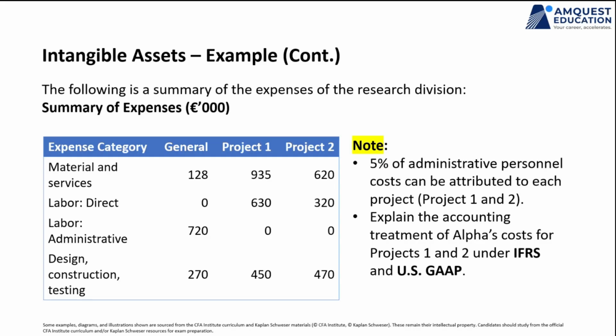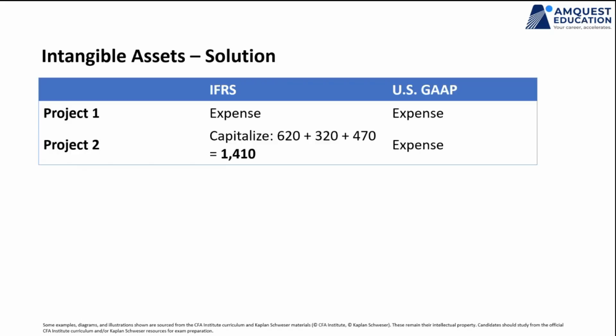So 5% of administrative personnel cost can be attributed to each of projects 1 and 2. And explain the accounting treatment of Alpha's cost for project 1 and project 2 under IFRS and US GAAP. Because if you remember, the rules under IFRS and US GAAP are slightly different for research. When should you capitalize? When should you expense? So let's look at it.